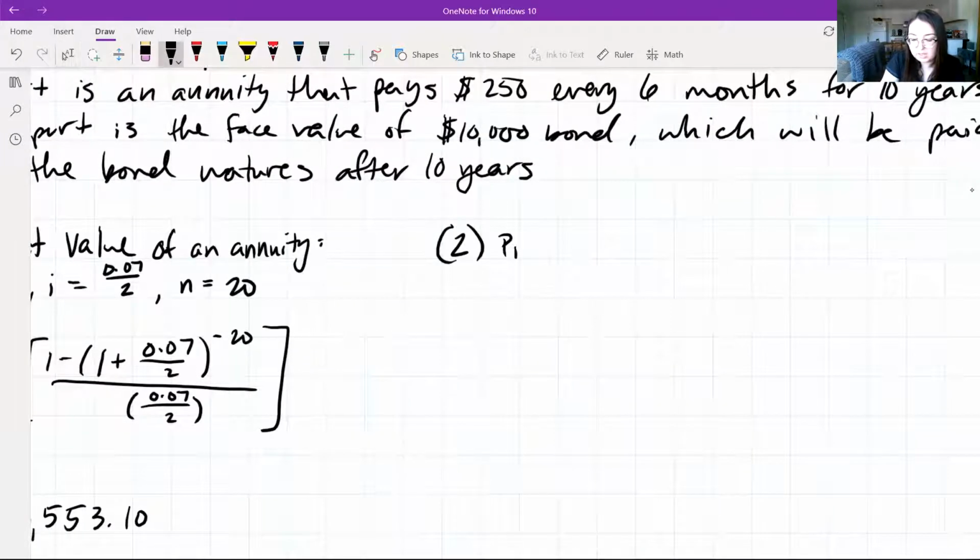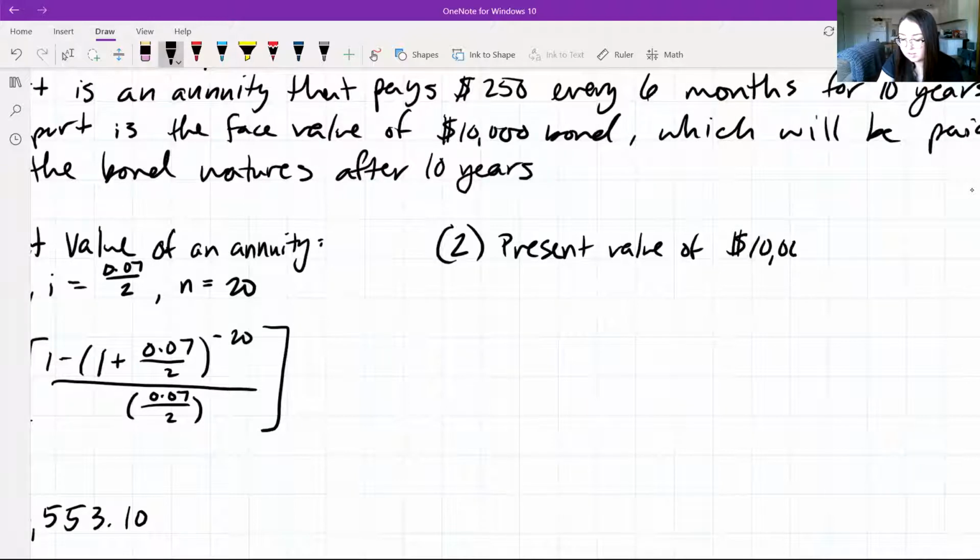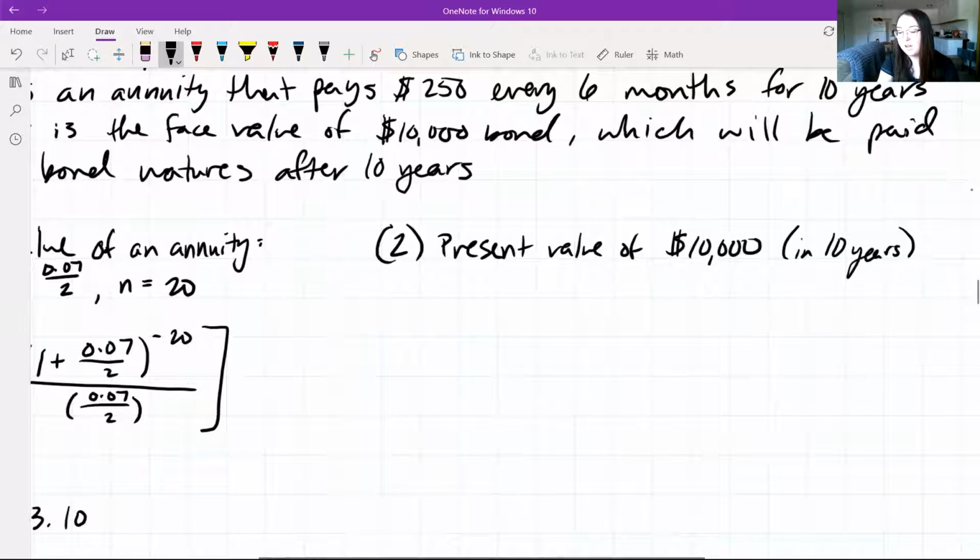Now for the face value of $10,000 in 10 years, we're just going to calculate the present value of $10,000 in 10 years. So this is using our equation of present value that we used before this section.